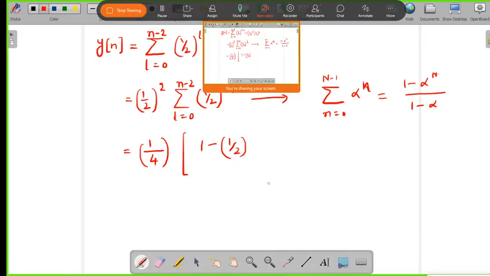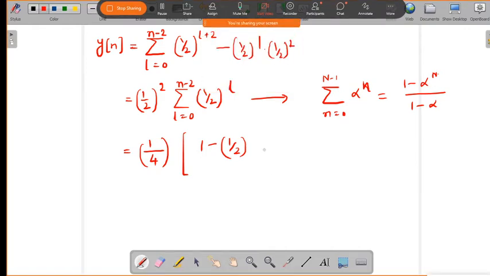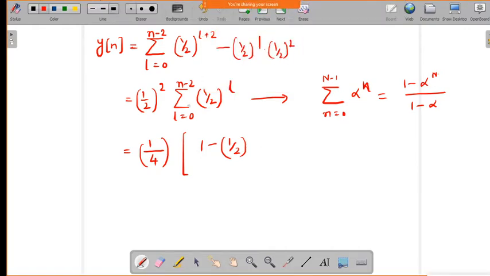So now what is the value? So you can see here 0 to n minus 2 and here 0 to n minus 1 is there. So if you add 1 here, you will get 0 to n minus 1, divided by 1 minus half.